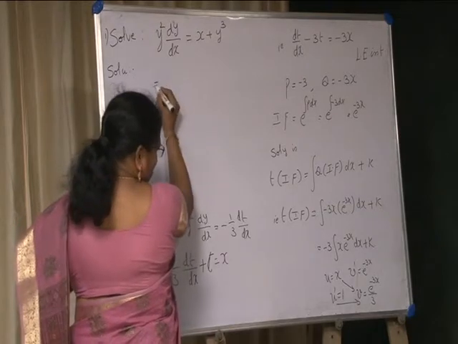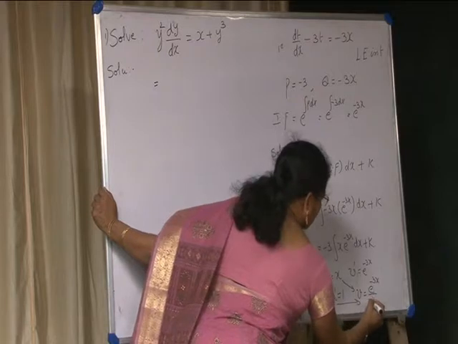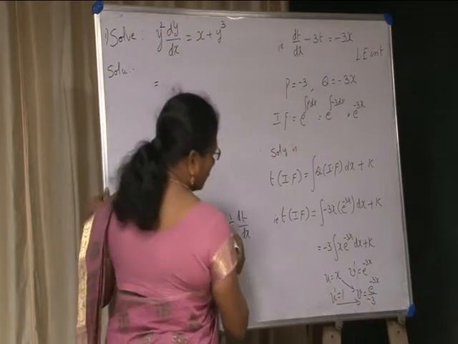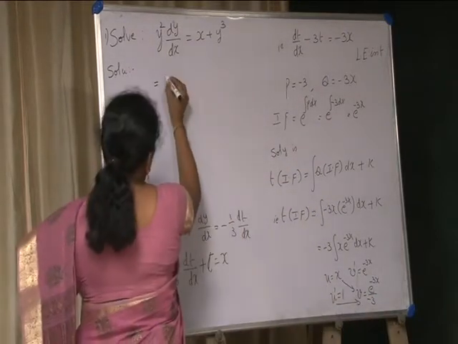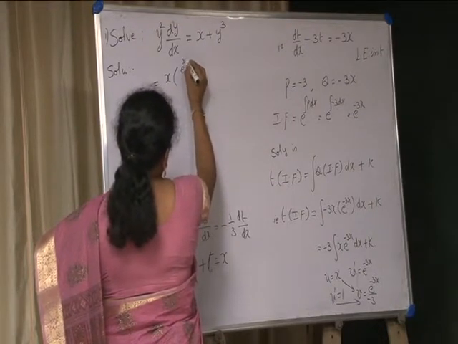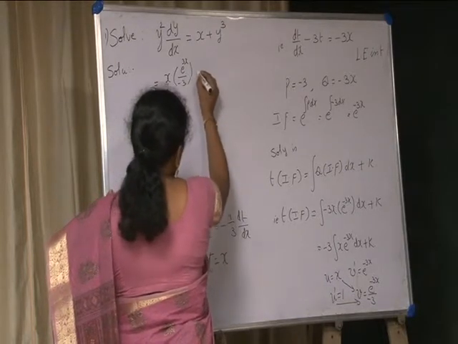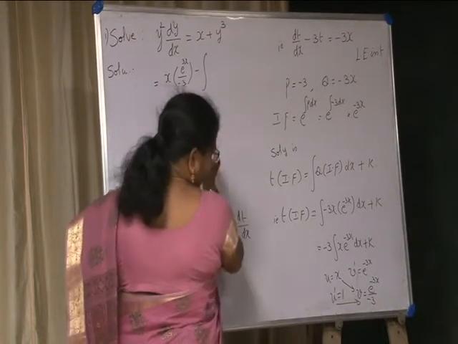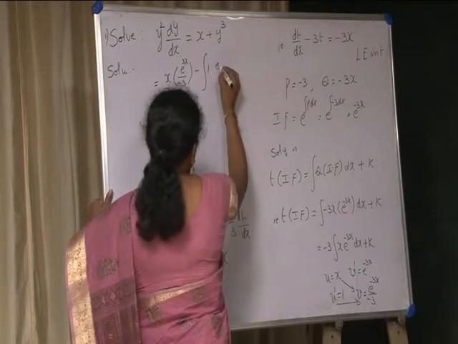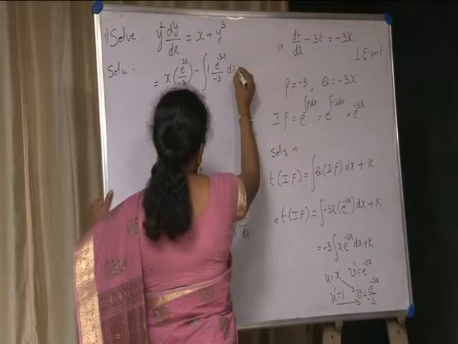That is equal to x into e to the power of 3x by minus 3, minus integration of 1 into e to the power of minus 3x by minus 3 with respect to x.